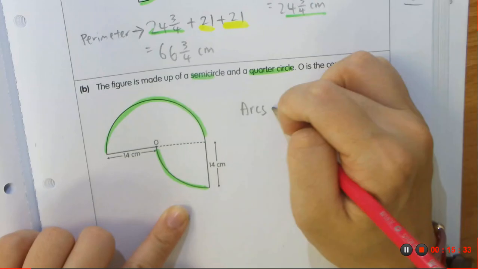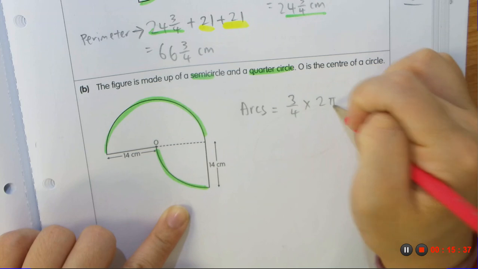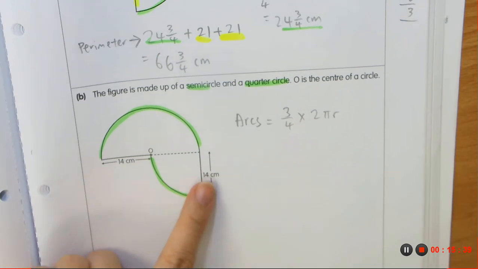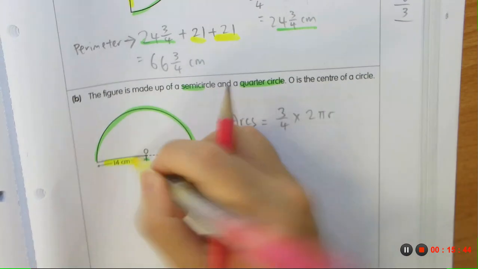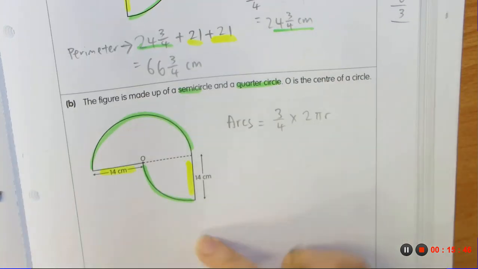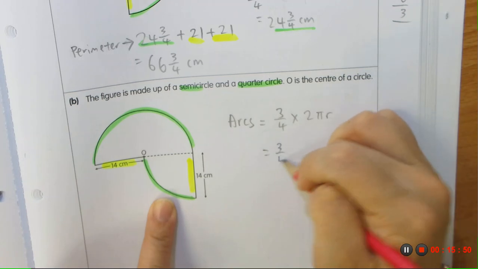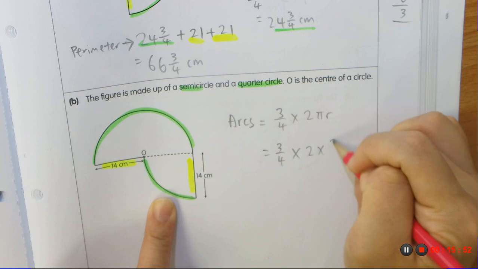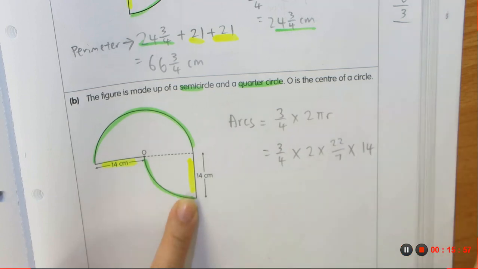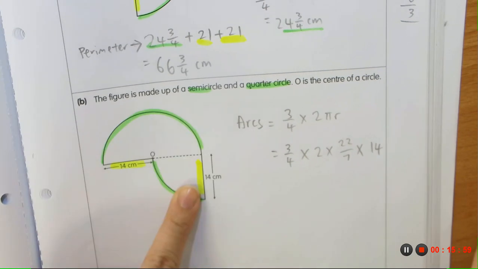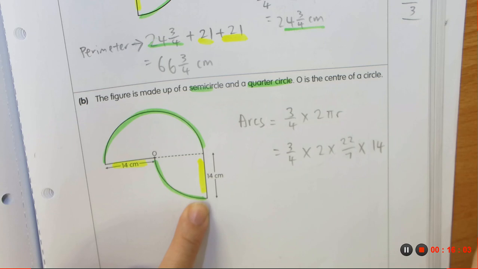So I can just put it together as 3/4 of the 2 pi r. They have the same radius also, 14 and 14. So you can just use 3/4 times 2 pi r. So in this case, it's 3/4 times 2 times 22/7 times the radius 14. That's the two green arcs add together. This is a half and this is a quarter, so together is 3/4.